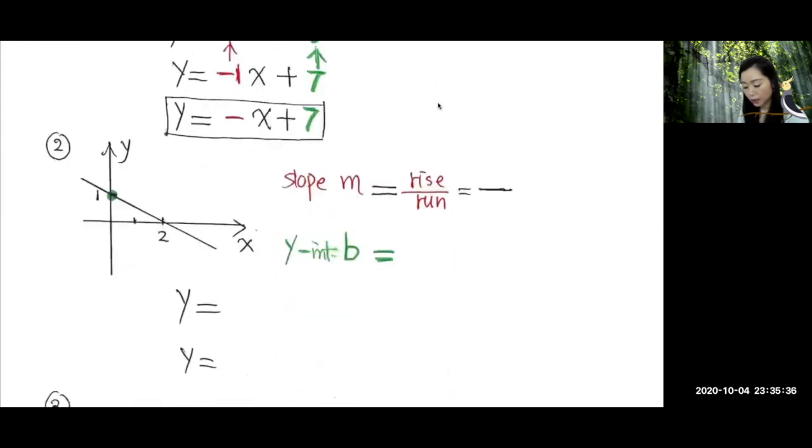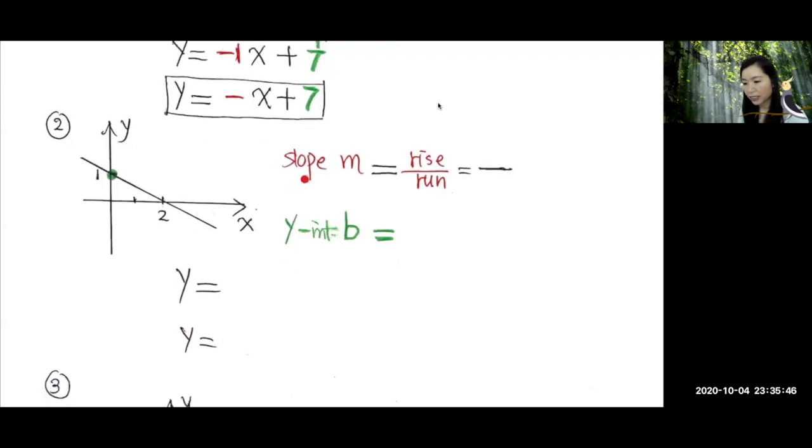Number 2. This time, we're given this line. We need to figure out the slope by using rise over run. From this point to this point, you go down 1 unit, so the rise will be -1. And the run, to the right side, is 2 units, so the run will be +2. So slope will be equal to -1/2.